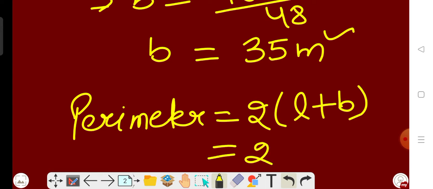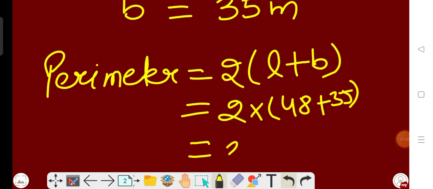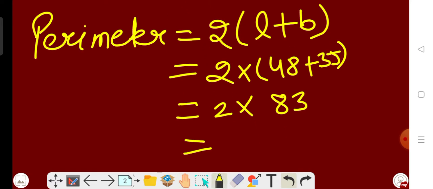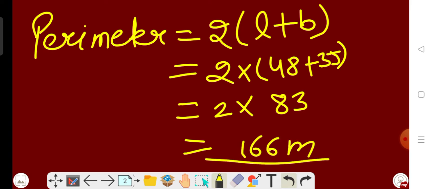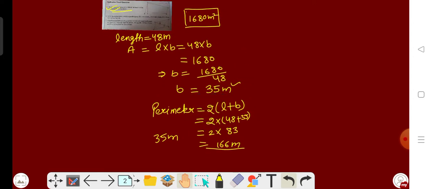That is equal to 2 multiplied by 48 plus 35, which is 2 multiplied by 83, and the value of perimeter becomes 166 meter. So the value of perimeter is 166 meter and the value of breadth is 35 meter. This is the solution of your question number 5. Now we will do the next question.